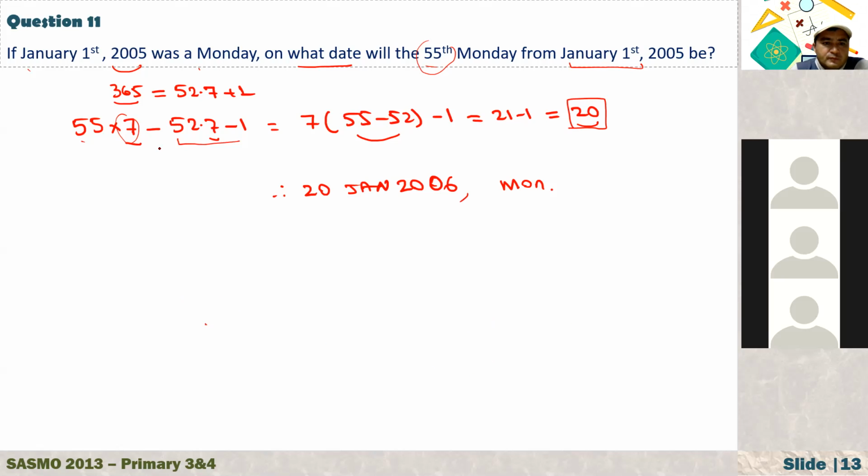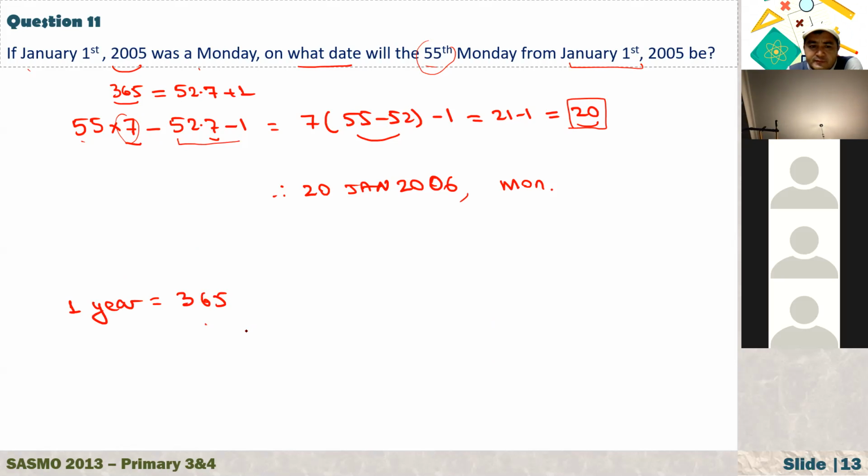In 1 year we have 365 days because 2005 is not a leap year, right? In 1 year, how many weeks do we have? 52 weeks, and here we have one more day. 52 weeks, in each week we have 7 days, plus one more always. Okay, now I understood.